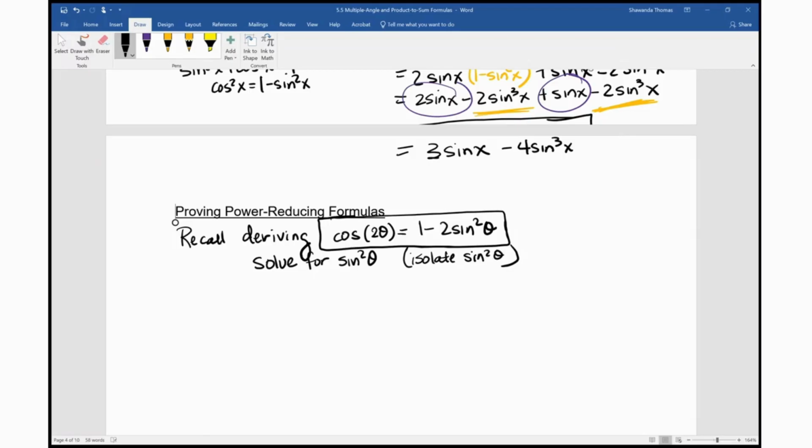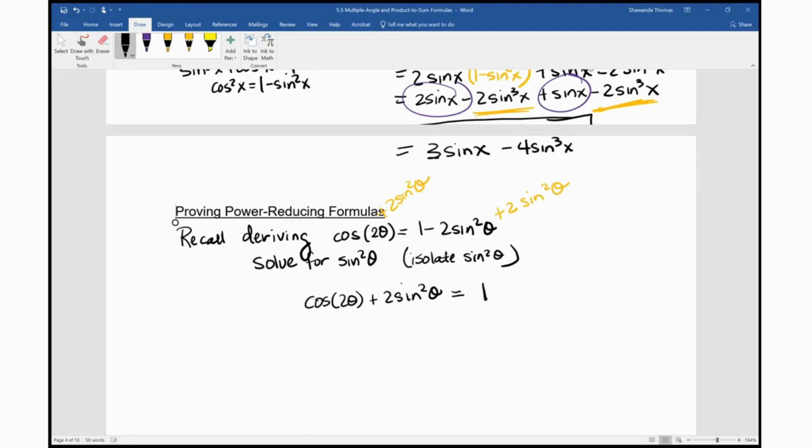Add 2 sine squared theta to the left side. Then that would be cosine 2 theta plus 2 sine squared theta equals 1.